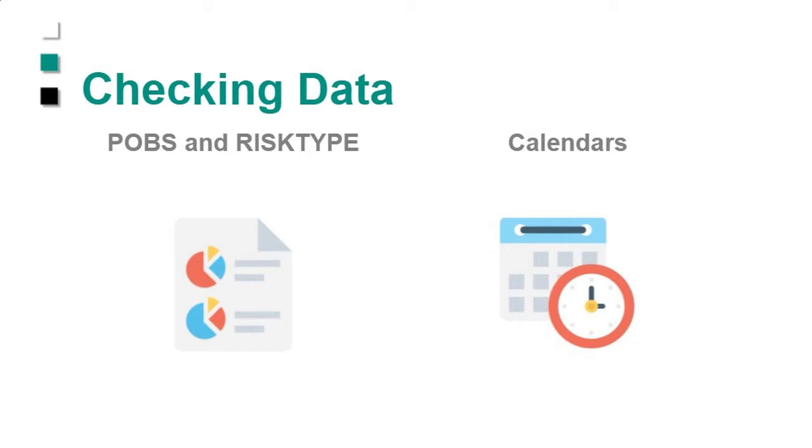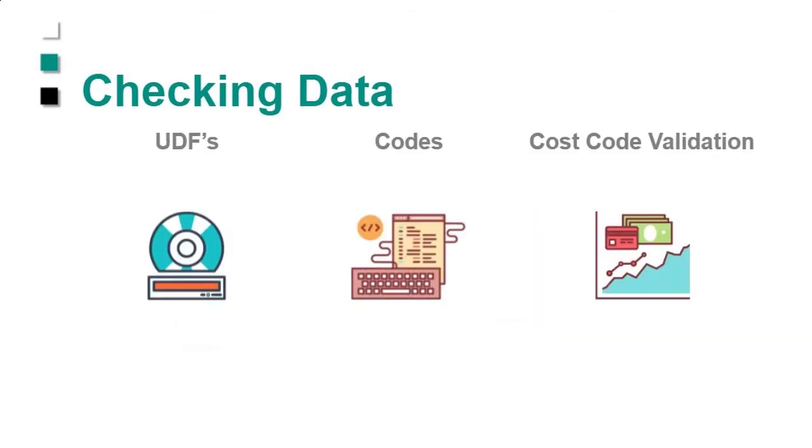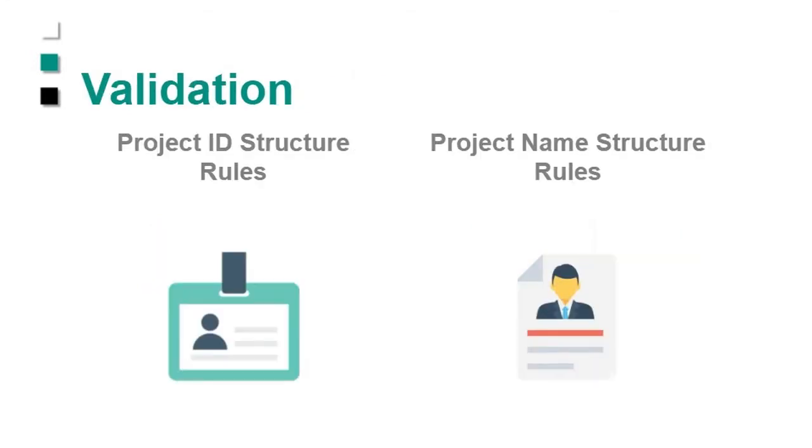Then we also deal with calendars, and we deal with global data depending on what you want to work with. So all the user-defined fields, all the codes, cost codes if you're using that. And we've got additional validations and rules that you can put in. So some clients have specific naming conventions for project IDs and things like that. We can tackle those as well.